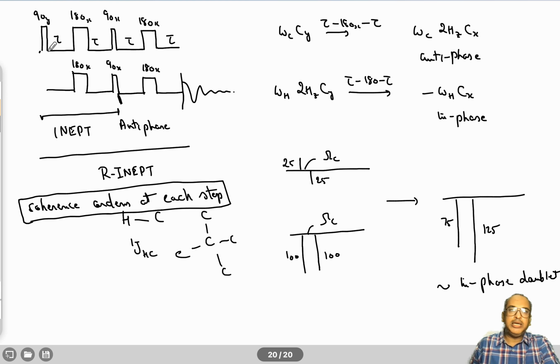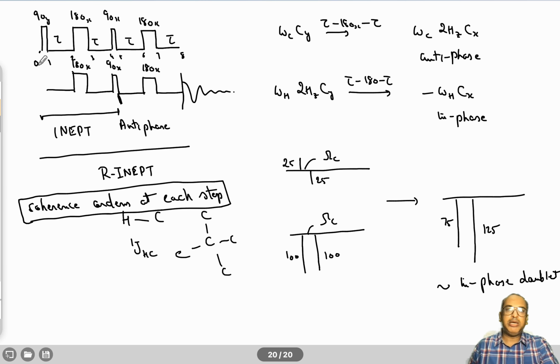You know the density operator at each point, let's say 0, 1, 2, 3, 4, 5, 6, 7, 8. So all these 8 points, and you know how the density operator is changing, so you can precisely calculate that.